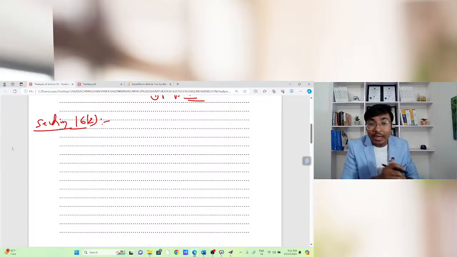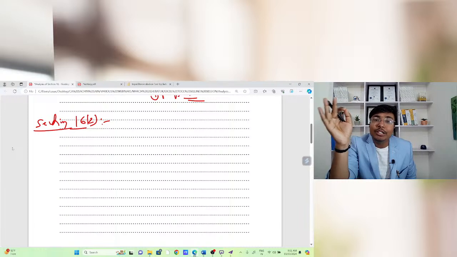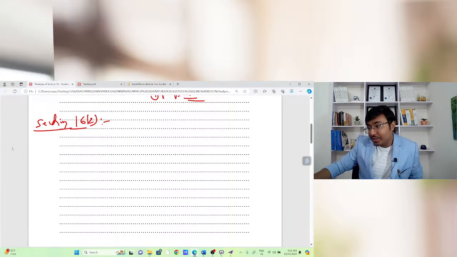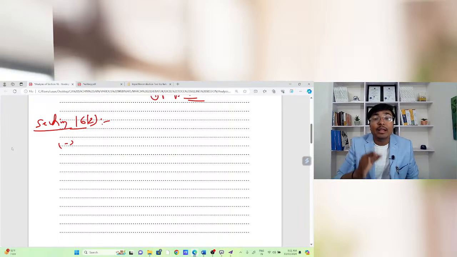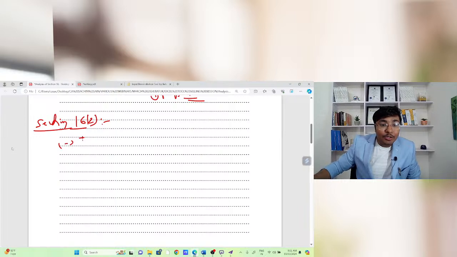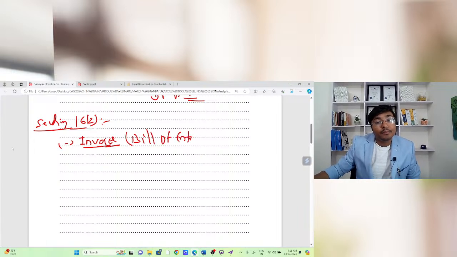When you check the eligibility of input tax credit, you need to refer to section 16 subsection 2, and as per it, the first condition to claim the input tax credit is that you have the invoice or bill of entry or debit note.